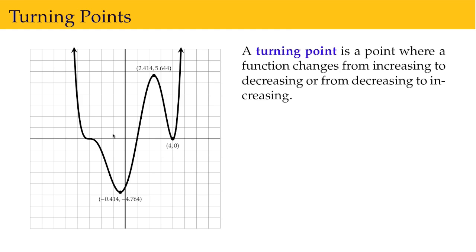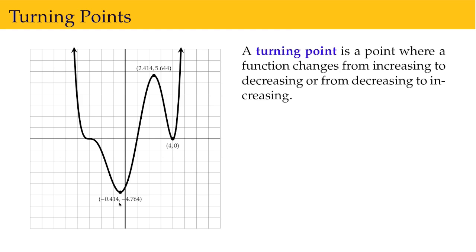When I specify where a function is increasing or decreasing, I'm always going to give my answer in terms of intervals of the domain. So what I'm looking at are the x-coordinates. So this function is decreasing from -infinity all the way to this point right here, which I've labeled, the x-coordinate is -0.414.